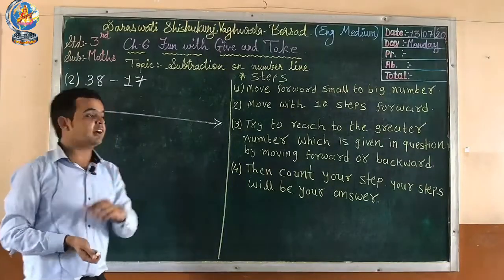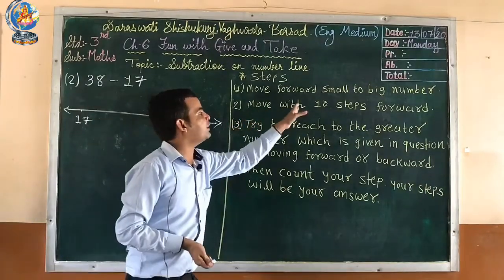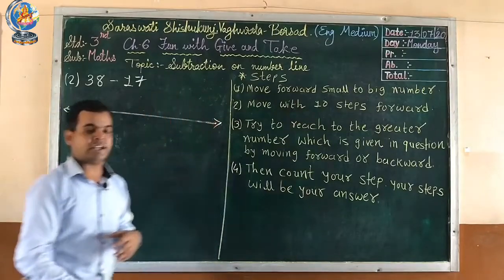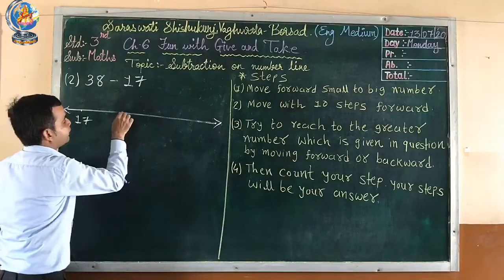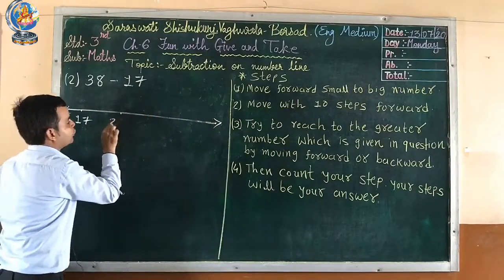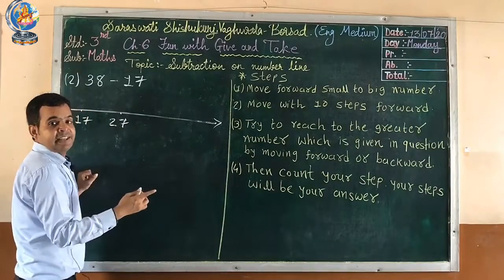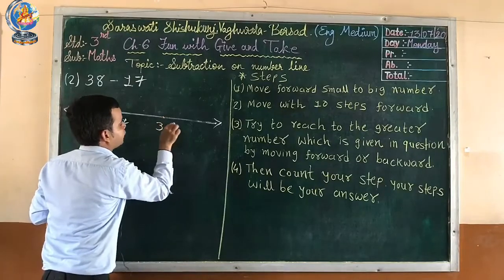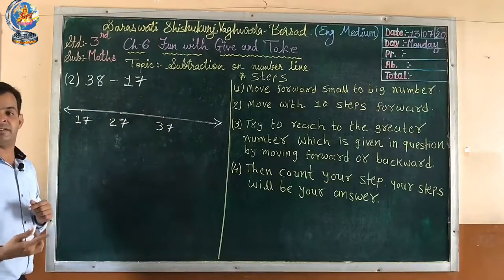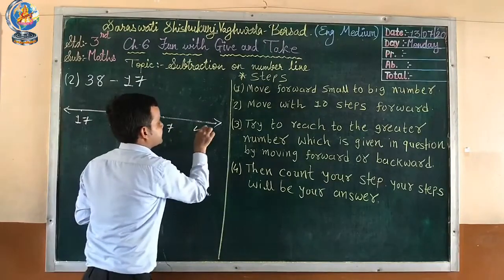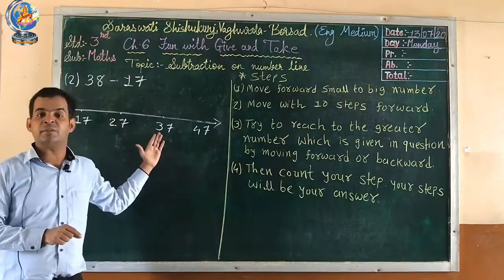Understood? In the second step we have to move with 10 steps forward. So if we add 10 to 17, we get 27. Then 27 plus 10 is 37, and again if we add 10, 47. You understood the second step?